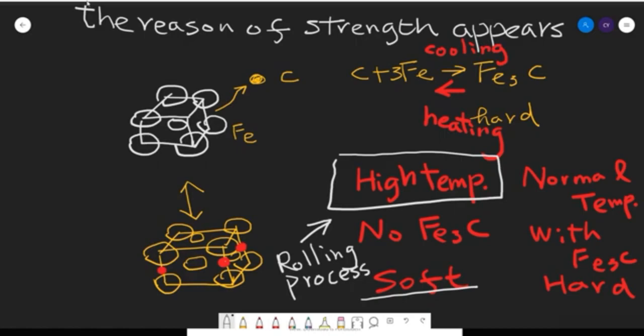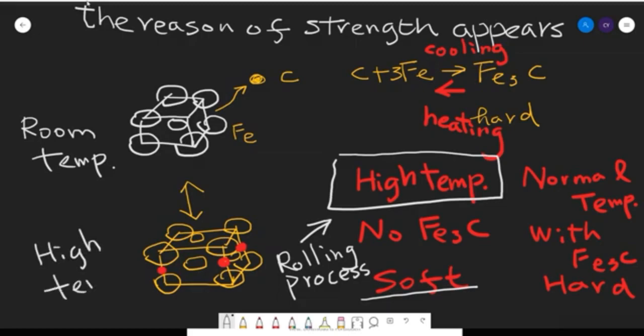So we need to know that in this case it is room temperature, and here is high temperature. In high temperature, all the carbon goes into the FCC structure. In this case, no Fe3C.